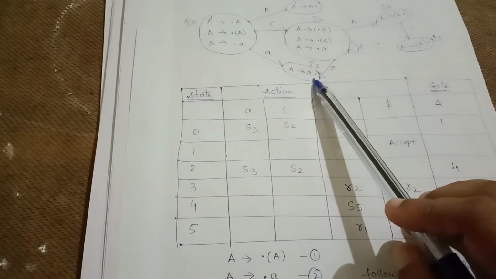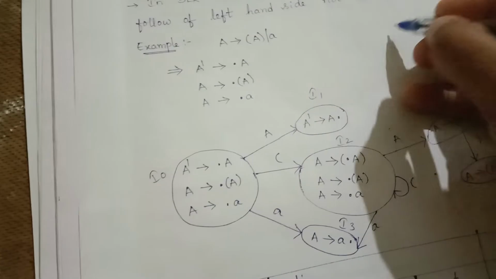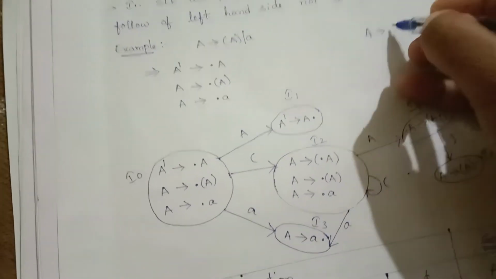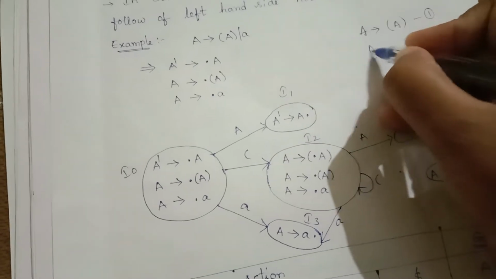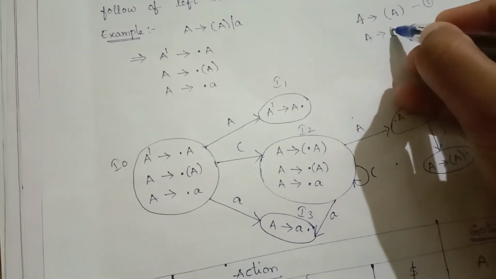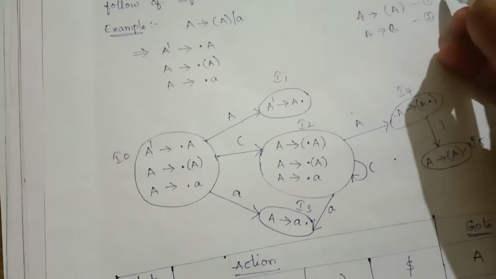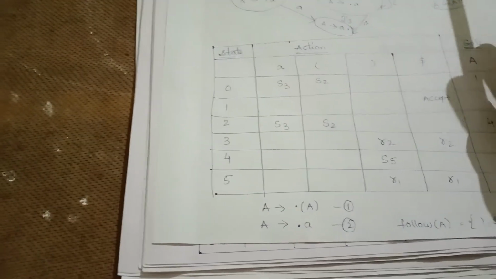So for that what we need to do, we have to consider the productions and number them. So this is the first production, A tends to (A), and A tends to a, this is the second one. This is called R1 and this is called R2. So I3 state we have A tends to a, that means R2. Where we need to write this R2, you need to write only in the follow of the left hand side.